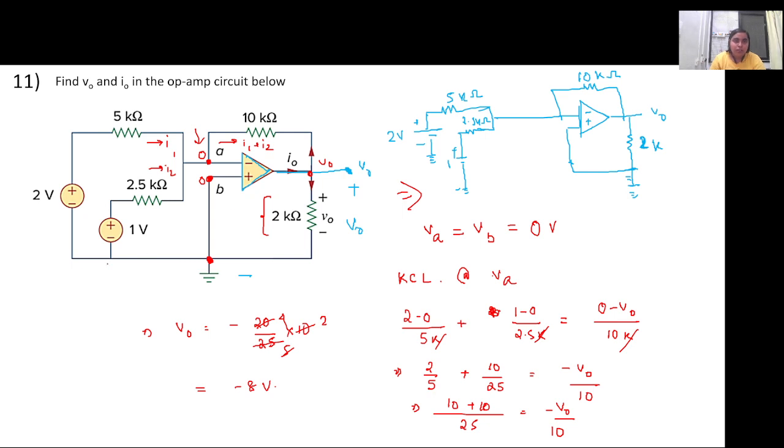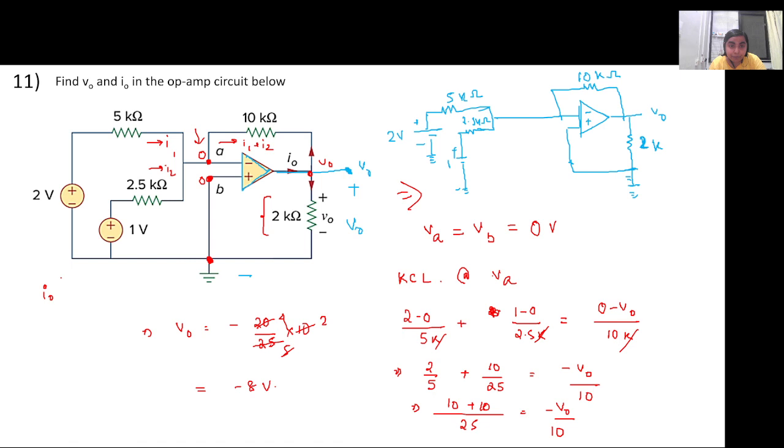Okay. Now can we calculate I naught? V naught is minus 8. Yeah. So can we calculate I naught now? How will we calculate I naught? By using KCL at node V0. Minus 8 by 2K.